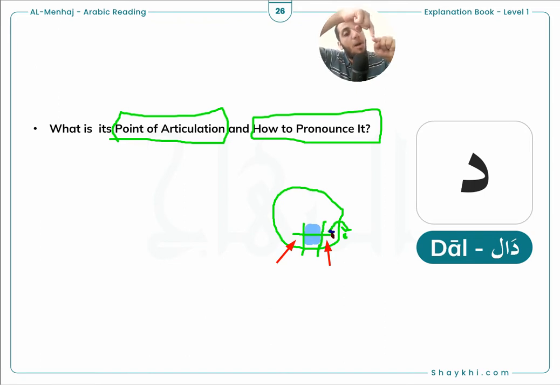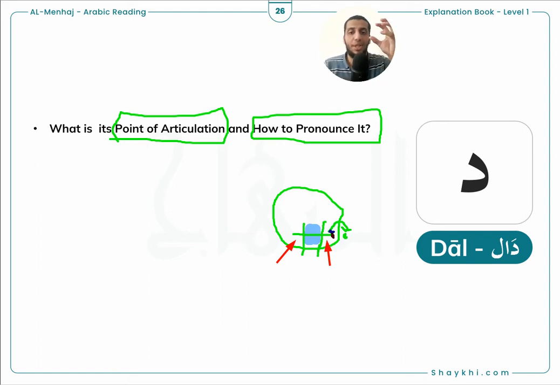The top part of the tip of the tongue touches the gums of the upper 2 front incisors, which is this part.